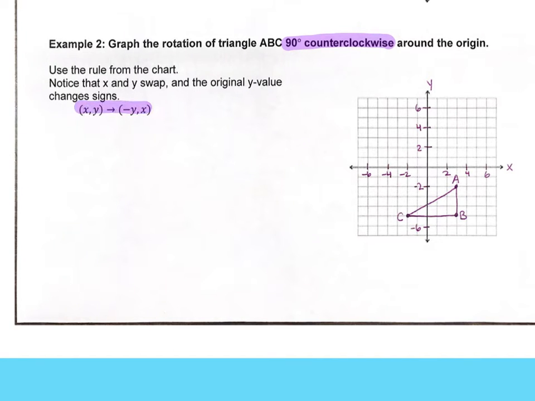And we just go through and mark what our ordered pairs are, and then we'll perform that rule to find out what the new ordered pairs will be. So our original ordered pairs, the pre-images, would be that A is at 3, negative 2. B is at 3, negative 5. C is at negative 2, negative 5.